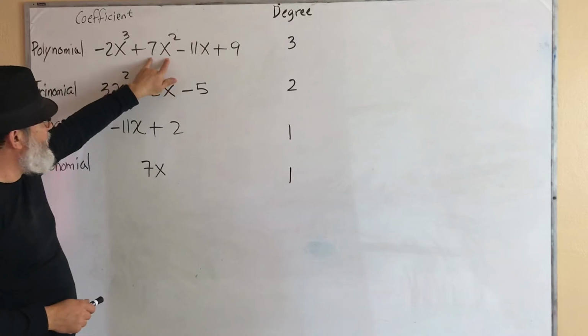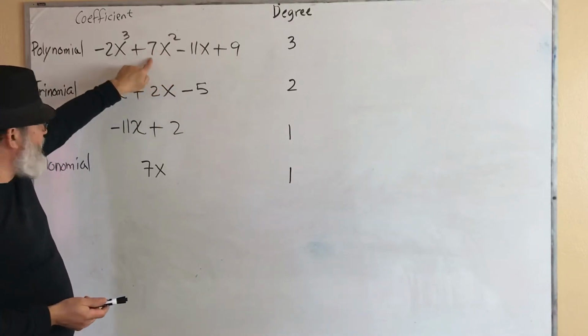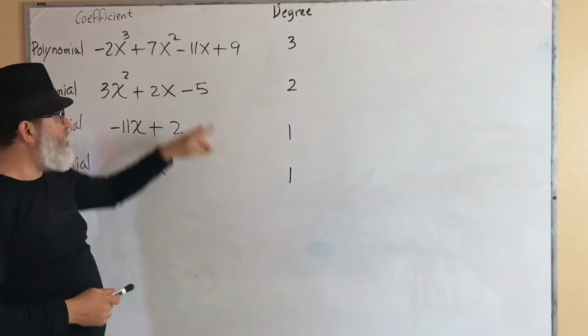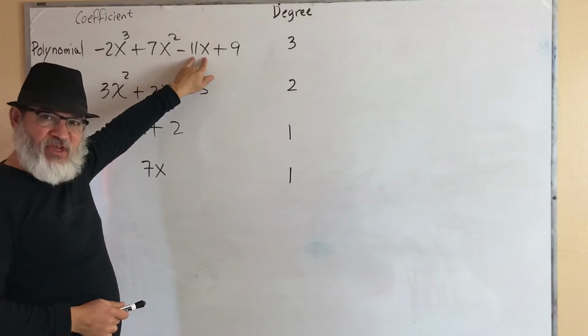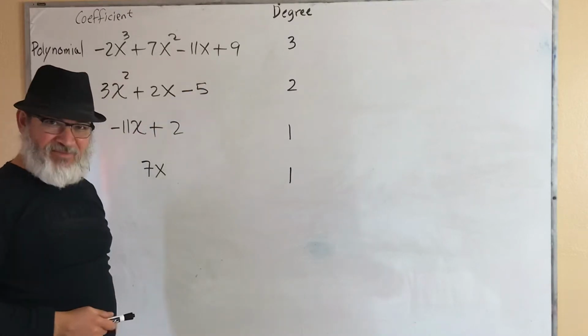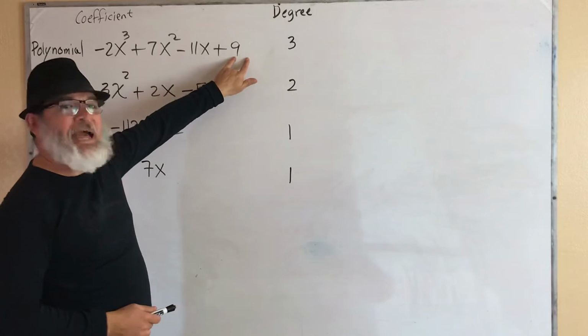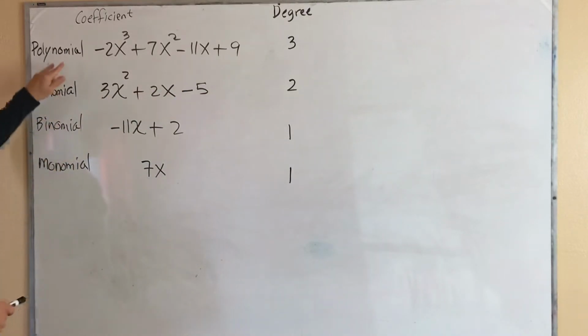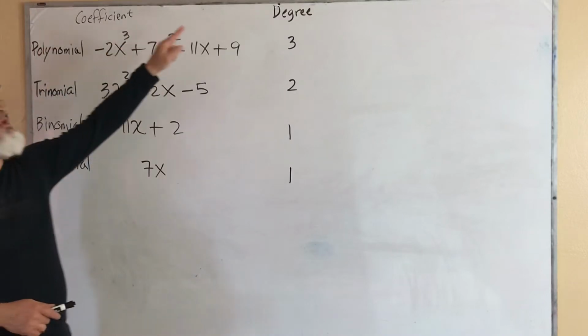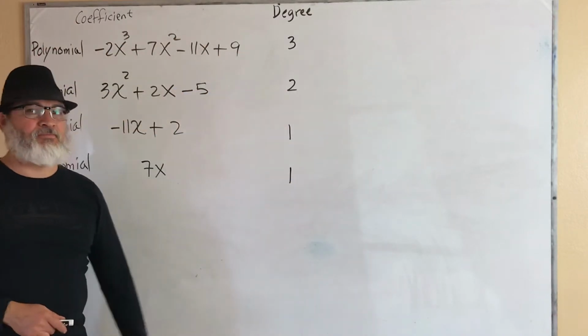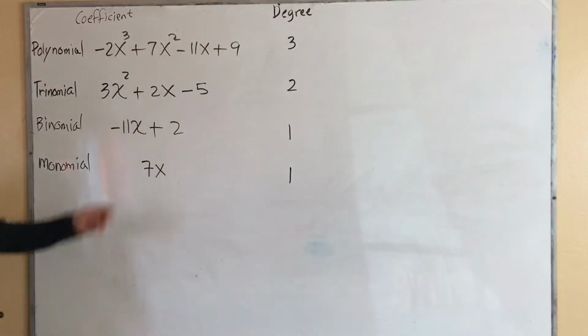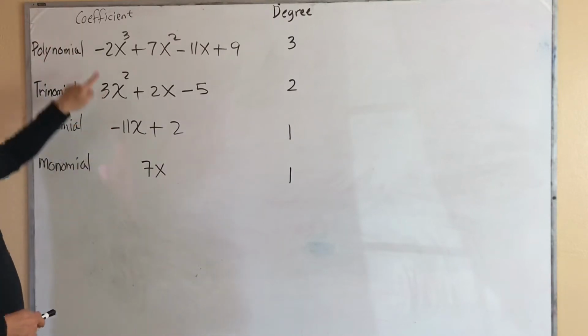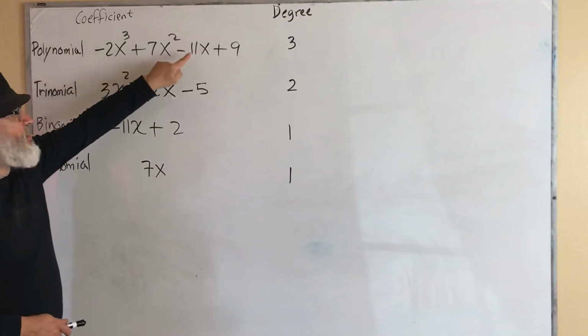This term has a coefficient of 7. This term has a coefficient of -11. And this term has a coefficient of 9. So this polynomial is of degree 3, and it has how many coefficients? -2, 7, -11, and 9.